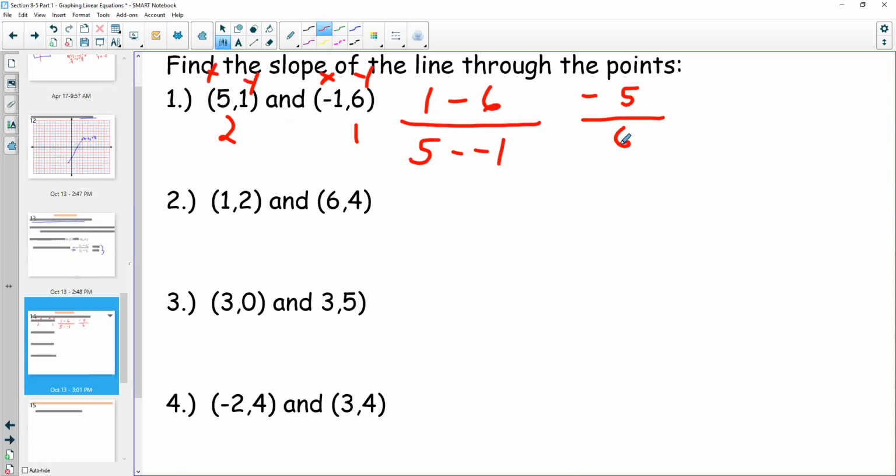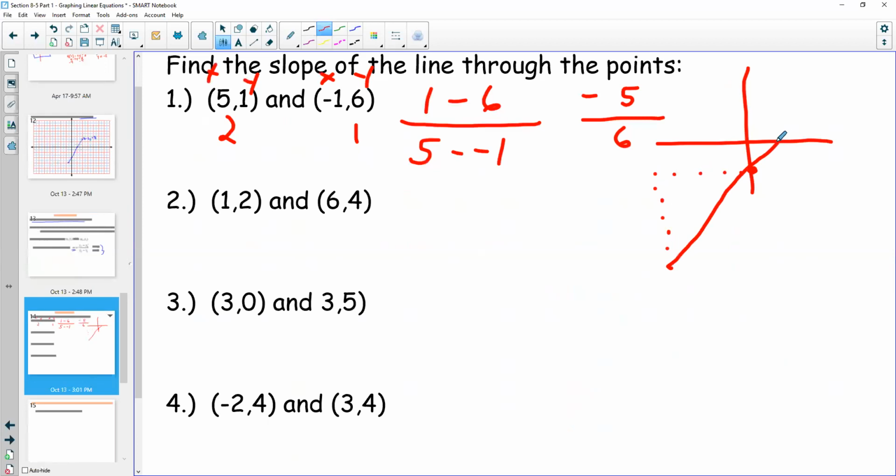So what this means is that when I'm plotting a point, so say I know I have a y-intercept here, my next point is left 5 and down 6 from where I am now. Okay? All right, you do the next couple. Try not to be as backwards as I am. Get your slopes. Okay?